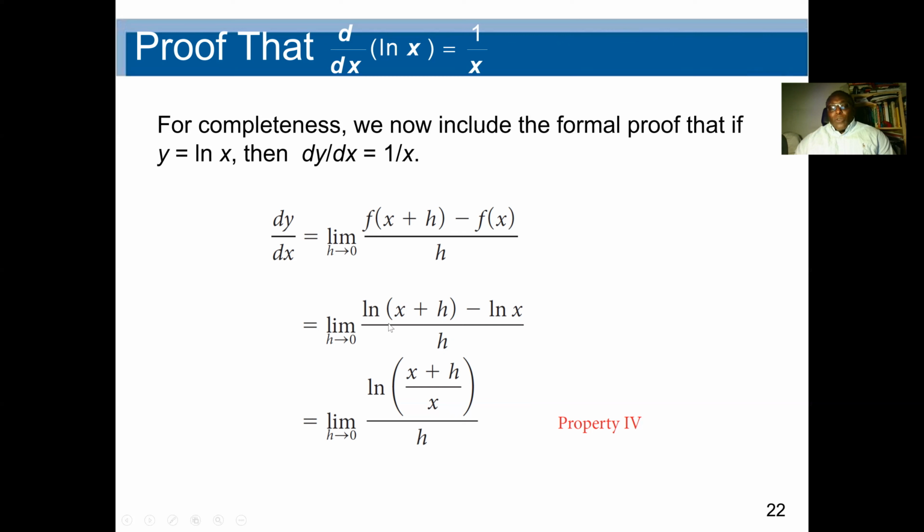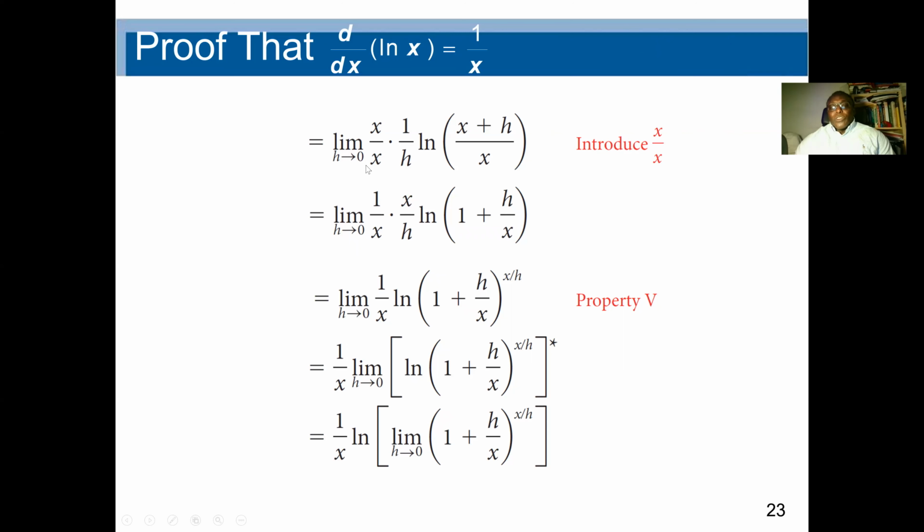Now we are assuming that we have a natural log. So we have natural log of x plus h minus natural log of x, over h. We combine this, we get the natural log of x plus h divided by x, all over h, using property 4.